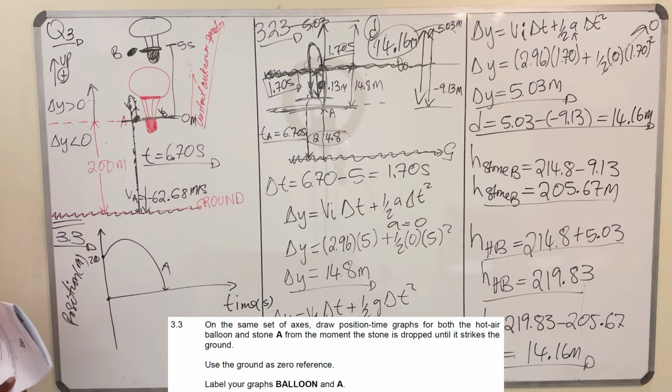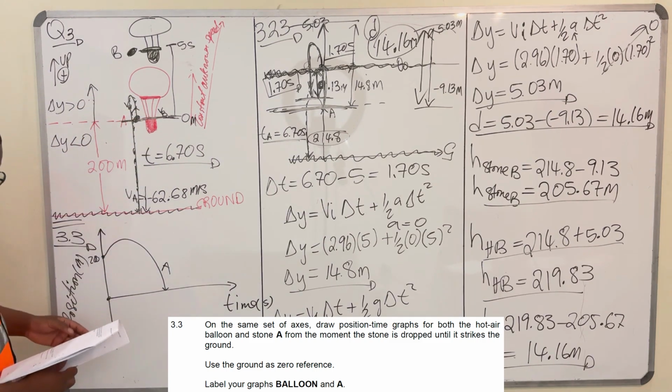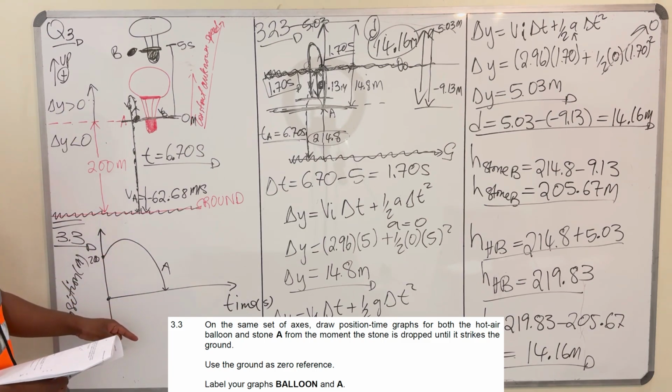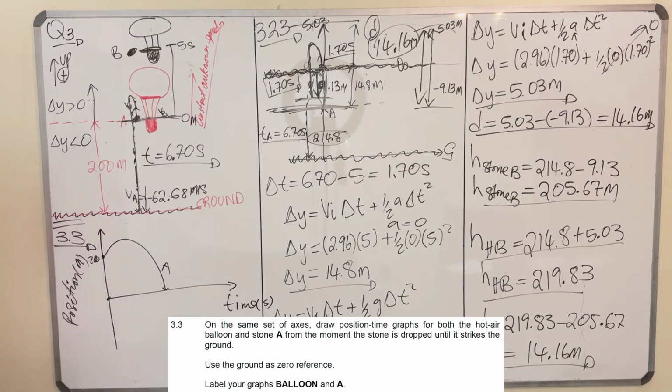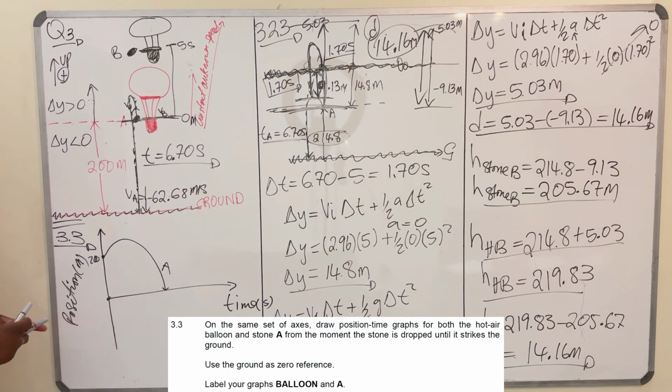And then because it went up and down, this is its motion over time, right? So this one was moving at a constant speed.